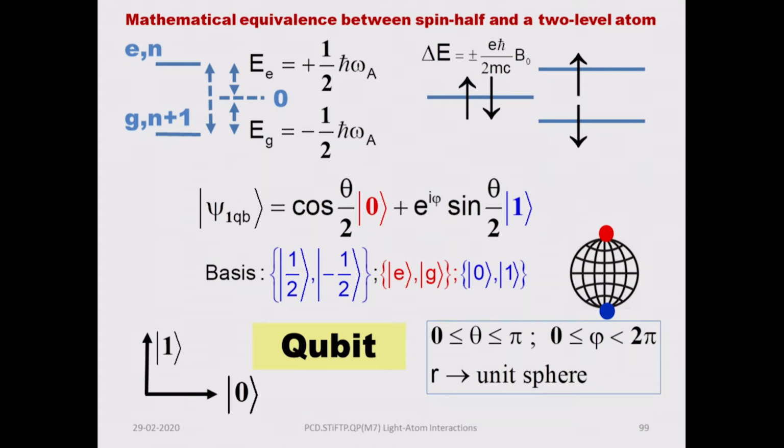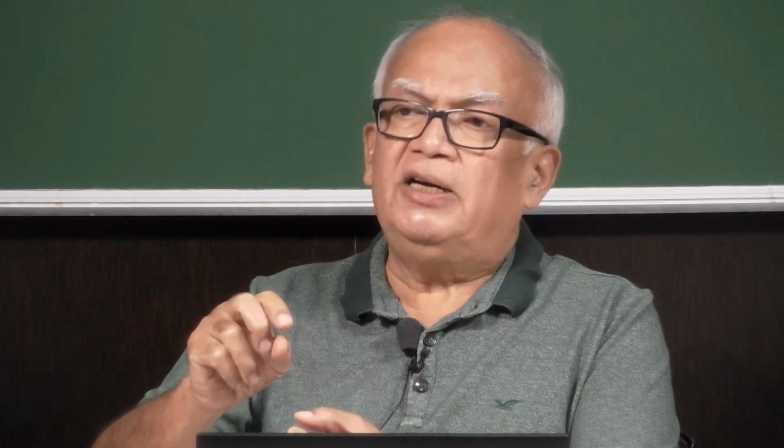You will also be reminded of the qubit, because there again you have got two states, which is 0 and 1. These are the antipodes on the Bloch sphere, and you have got an exactly similar type of situation.